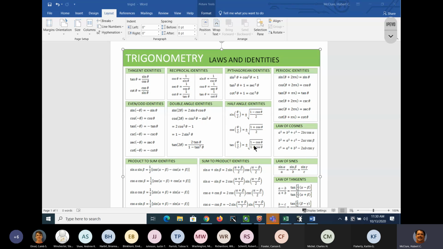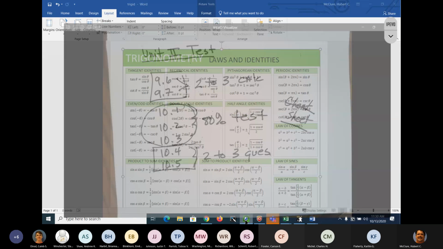All right. Now, there's one rule that you always need to remember about identities, and that rule is the following rule. And I'm going to write it in red.